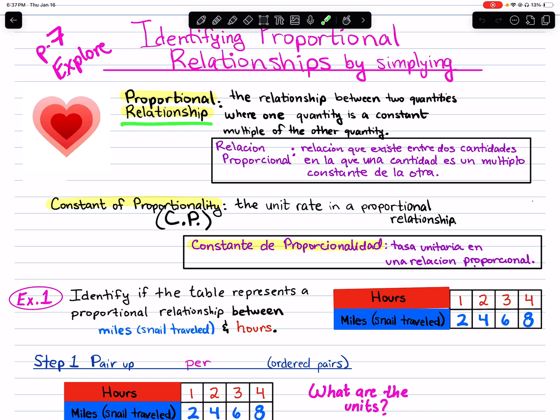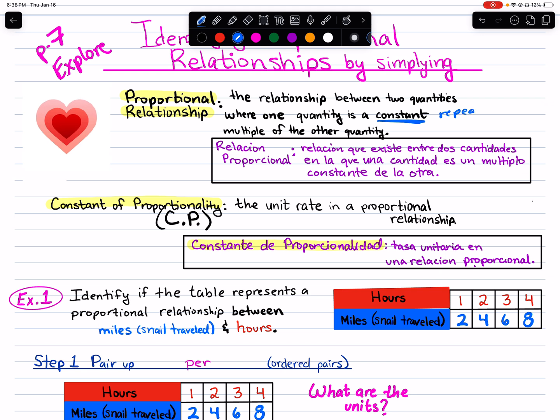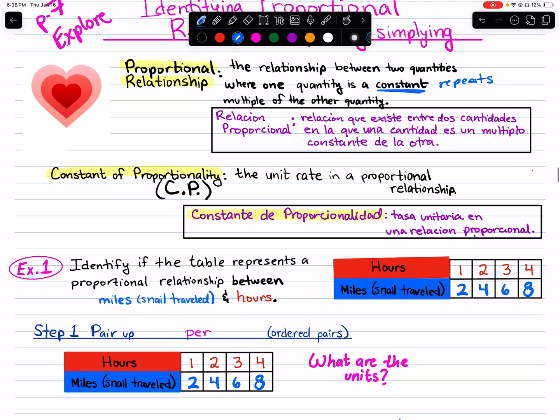So again, a proportional relationship is a relationship between two quantities where one quantity is a constant multiple of the other quantity. Remember, like times 7, times 7, times 7? So it repeats forever. There's a constant that repeats. And if you didn't know, that number that's repeating, the times 7 in our previous notes, is called the constant of proportionality.